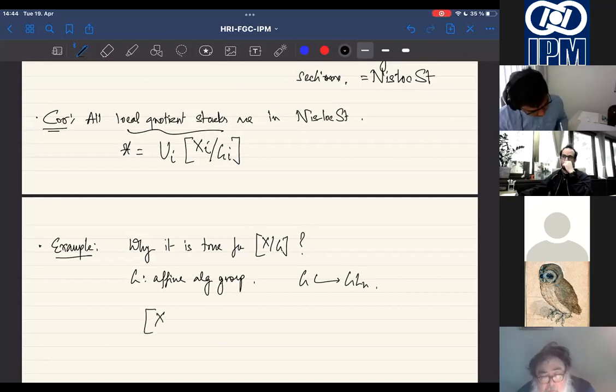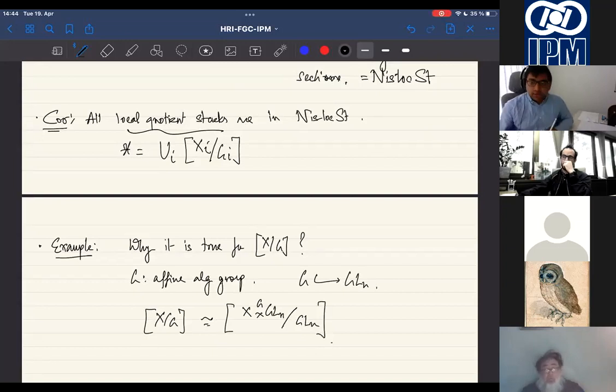Then one can see that X mod G as a quotient stack can be written as the quotient of X times GL_N by G, where G acts freely on this product space, and you quotient this by GL_N. If you compare these two quotient stacks, they are actually the same.